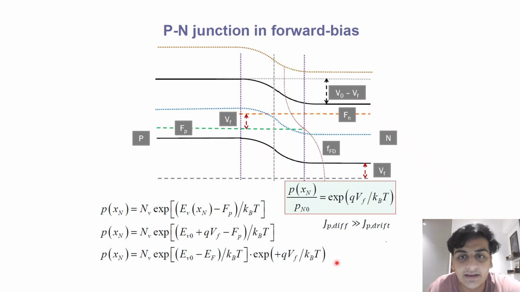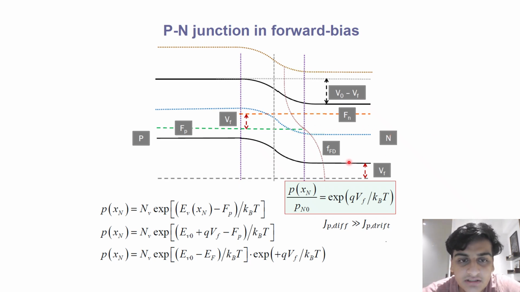Now, the next thing I want to do is talk about the hole concentration at this edge, because that's what we spoke about as being crucial with respect to the diffusion current.